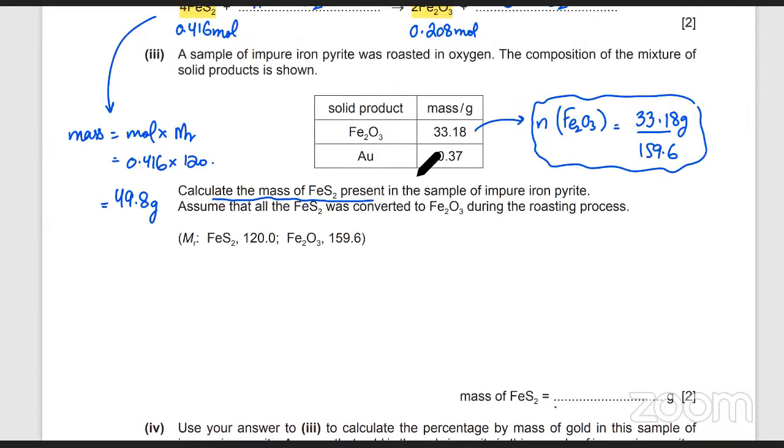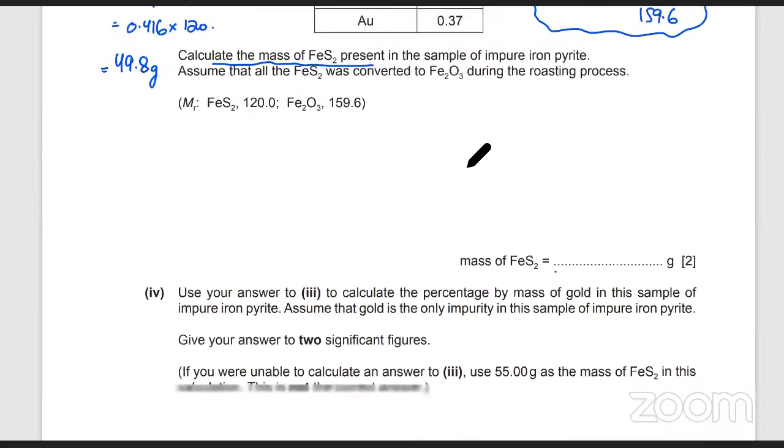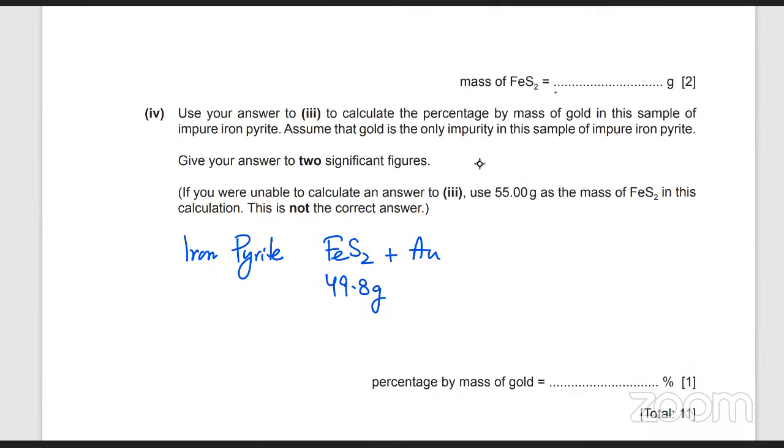Gold is given over here. That's 0.37 grams. So just find the percentage now for gold. What percentage is gold out of the total? So 0.37 divided by the total, which is 49.8, times 100.